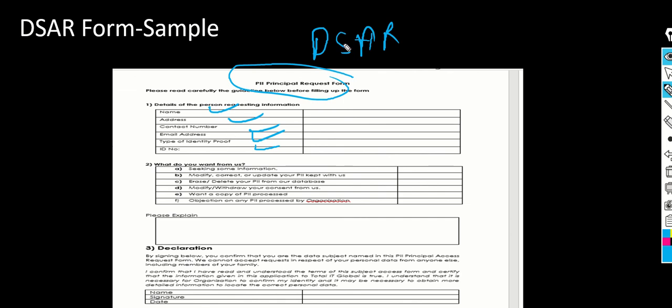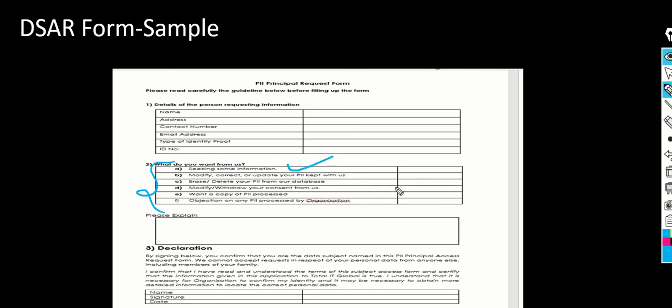In the same way, you will give them the option of which rights they want to use, whether they want some information about the personal information we have collected, they want to modify, correct, and update the personal information, they want to erase the personal information. In the same way, objection to PI processing and all.